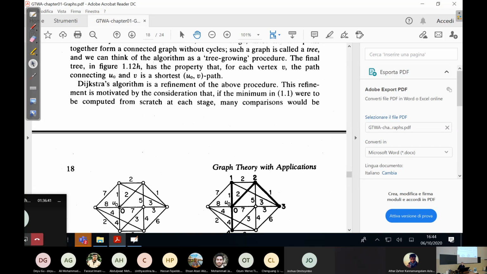We take in this edge, and we also put here the distance that we have discovered. It is necessarily the least possible from this vertex to this vertex. There is no other possibility for having a smaller total.